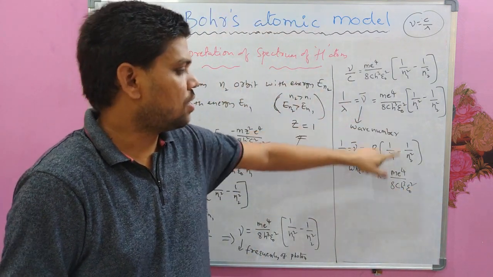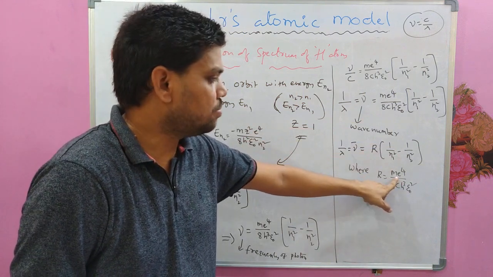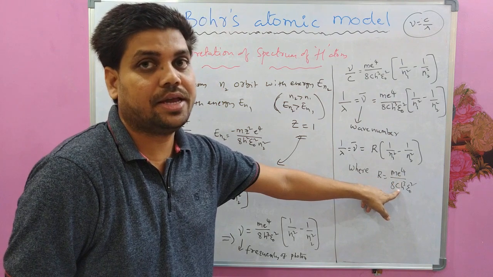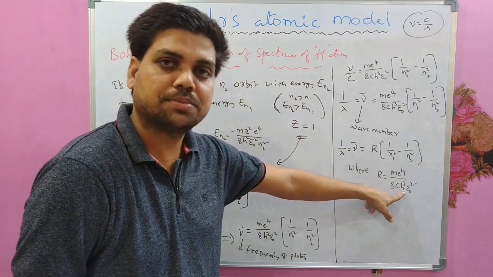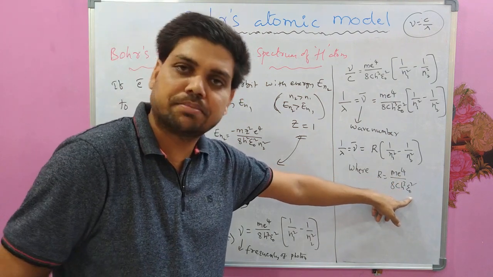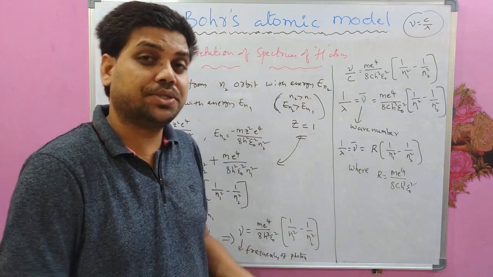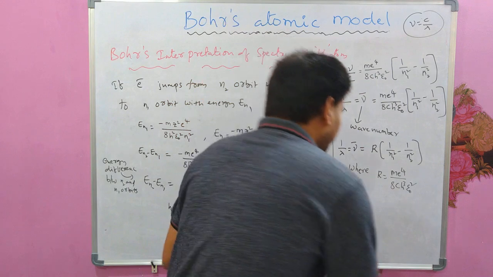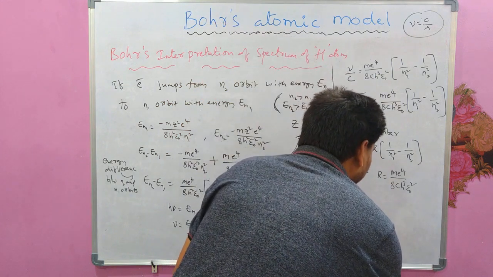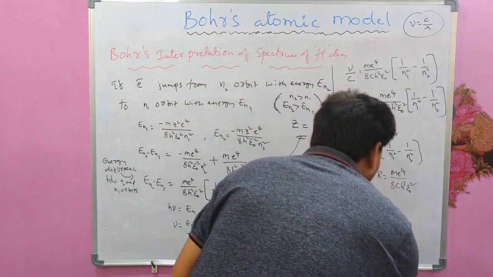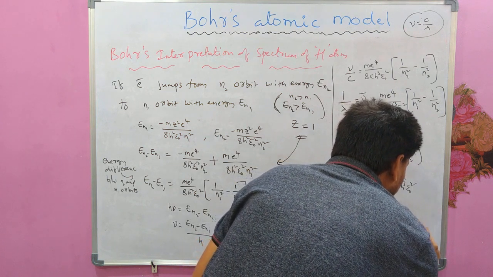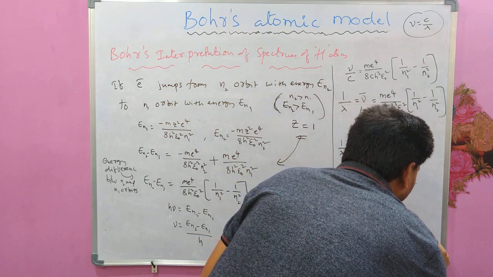All of these are constants: m, mass of the electron, e, electron charge, c, velocity of light in air or vacuum, h is Planck's constant, epsilon naught is the electric permittivity. If you substitute all those values, you will get R as 1.091 into 10 to the power of 7 meter inverse.